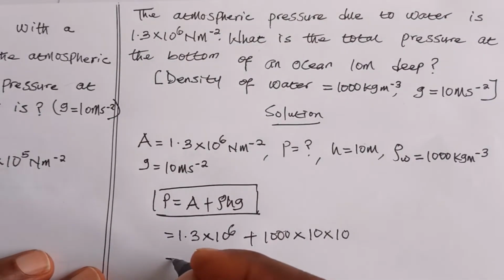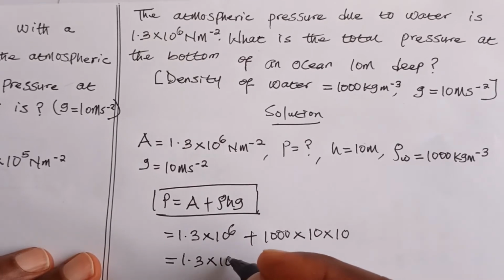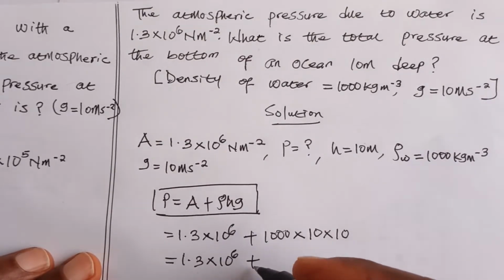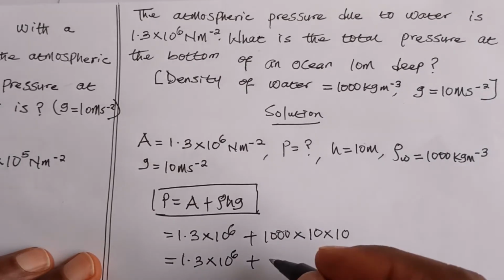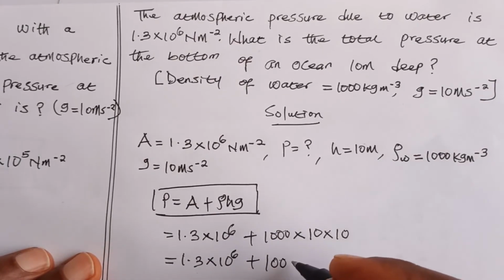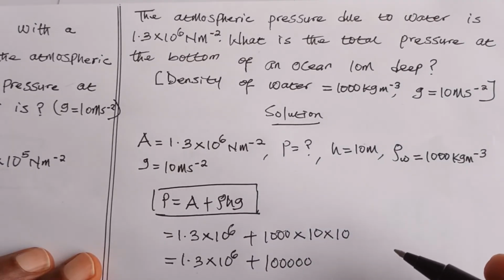Okay, so we can say that is 1.3 times 10 raised to the power 6 plus, now if you multiply all this together, this is 100,000.